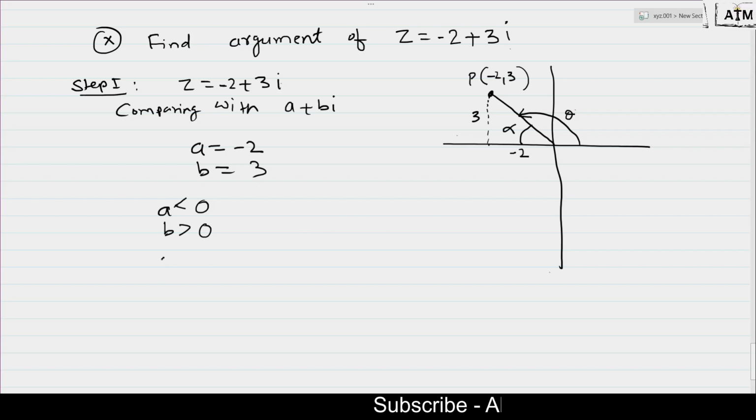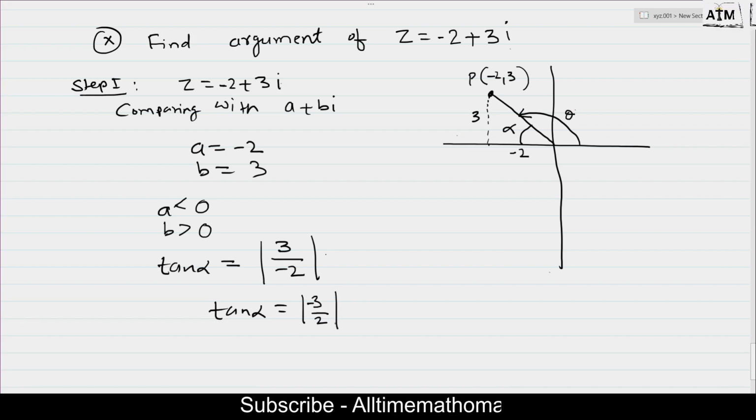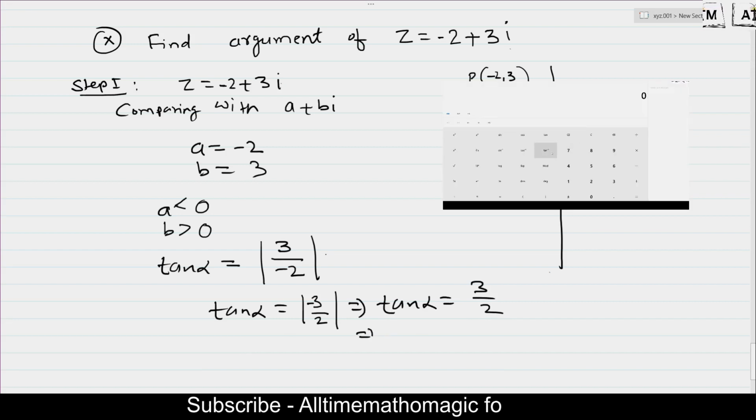Now, from the diagram, tan alpha equals modulus of 3 upon minus 2. Tan alpha equals 3 upon 2, which implies tan alpha equals 3 by 2.